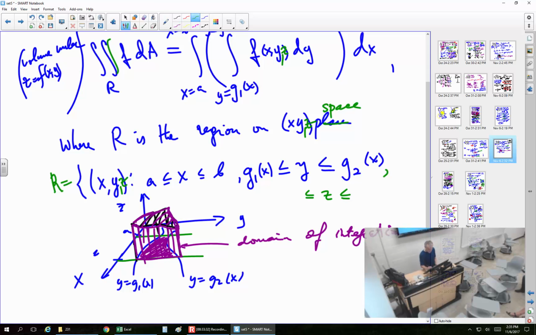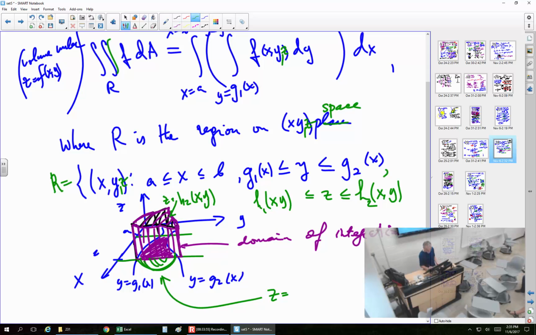I'll use h just for convenience. So the top one is h2 of xy, right? So z equals h2 of xy, and then there's a possibly bottom surface bounding the whole thing. Somehow it will be z equals h1 of xy. So this is how it works out indeed.